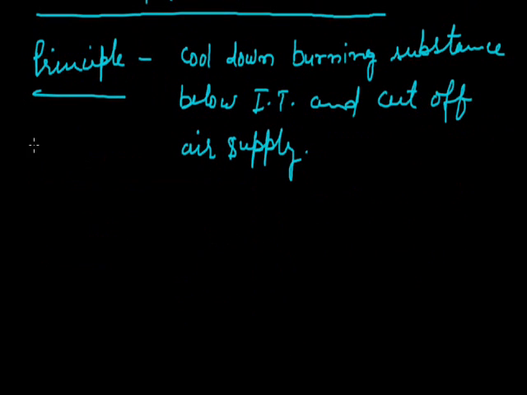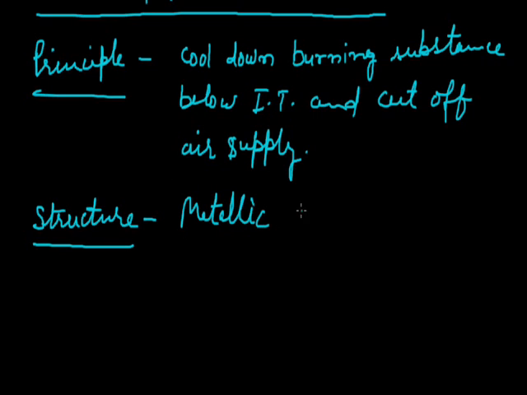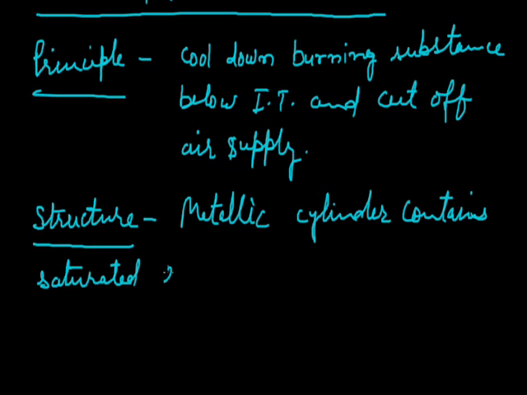Now about the structure of this fire extinguisher. It is also a metallic cylinder. Metallic cylinder contains saturated solution of sodium bicarbonate. A glass bottle containing concentrated H2SO4 is kept inside the metallic cylinder.